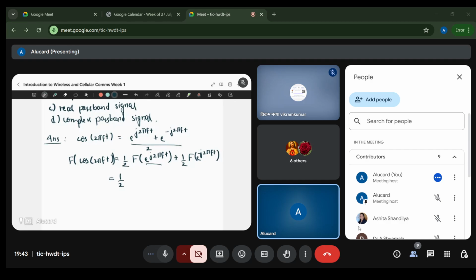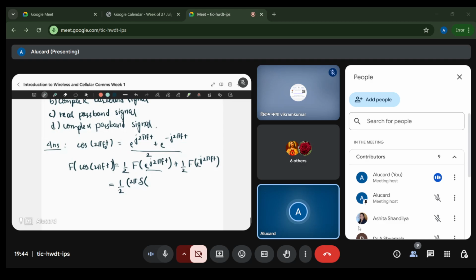I'll take out the half common, this will be 2 pi times delta of... To differentiate between this frequency and function variables, this will be x of f.